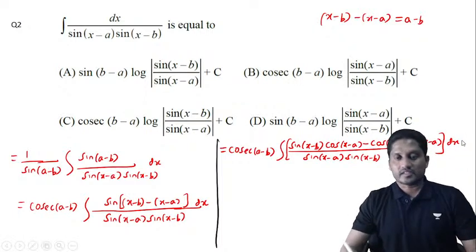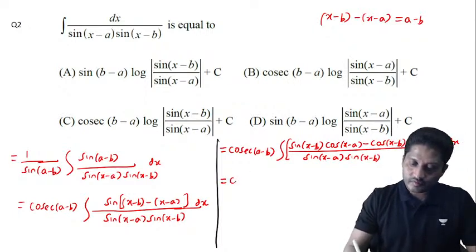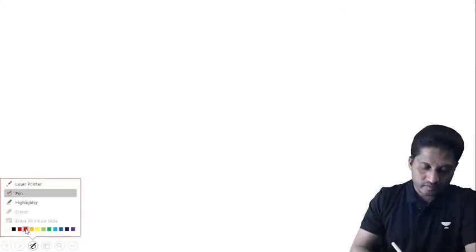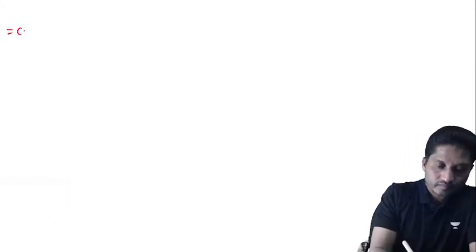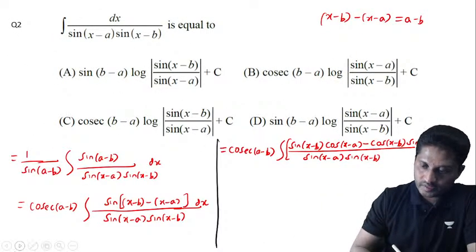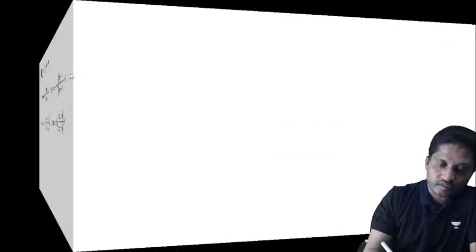Now this is equal to cosec of a minus b. I'll do it in the next slide, guys. Cosec of a minus b, second angle minus the first angle.